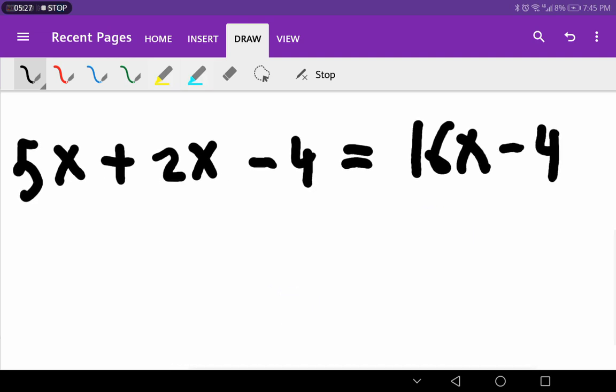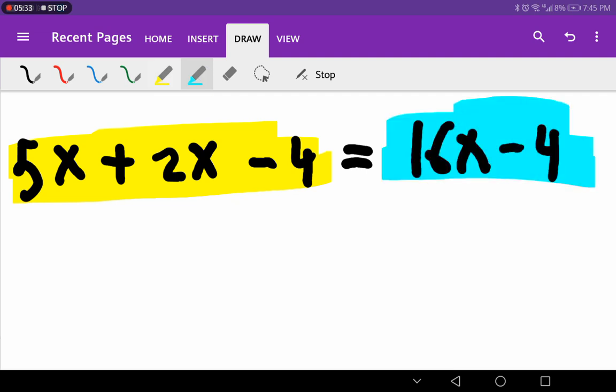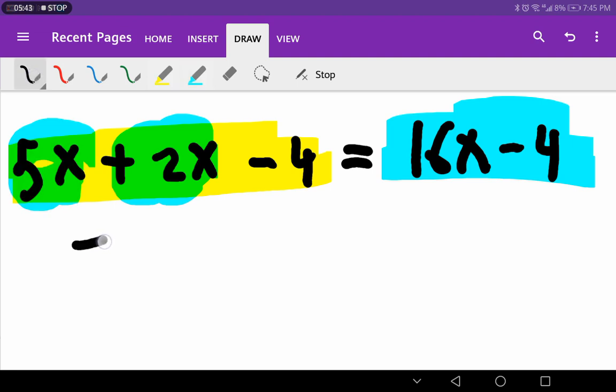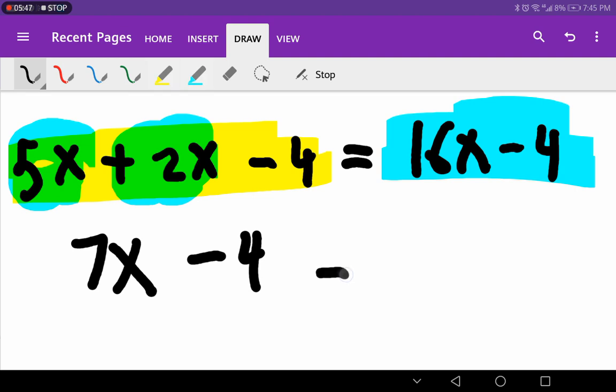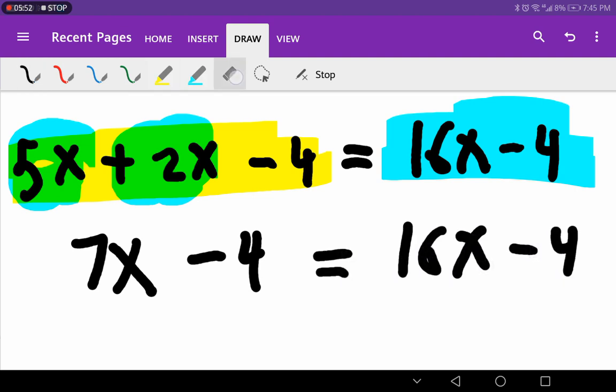What we have to do, actually, this is the left side and this is the right side. We combine like terms on the same side. We have this positive 2x and this 5x will equal 7x. Negative 4 equals 16x negative 4. Good.